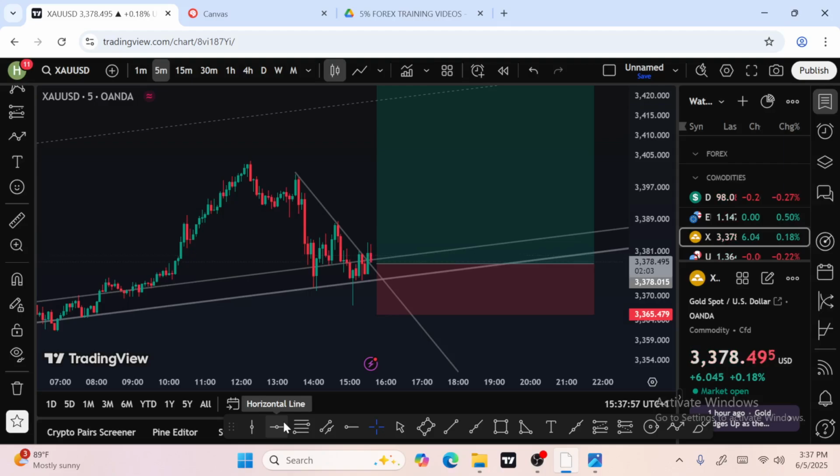But the one that validates and aligns with other analysis you've done on the higher time frame will tell you that it will definitely go. That is why I said all these time frames you don't need. What you need is your higher time frame.